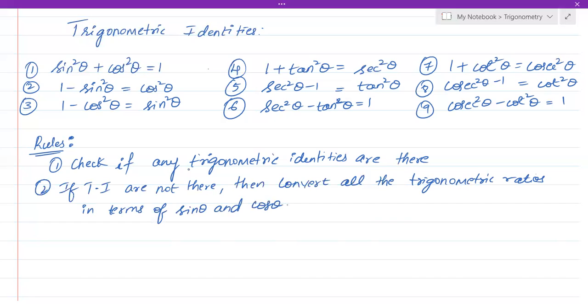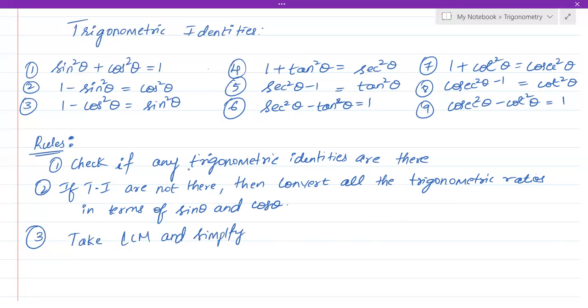So you have to check if there is any trigonometric identity. If the question doesn't contain any trigonometric identity, then you're going to convert all the trigonometric ratios, that is secant, cosecant, cot, tan, everything, into sine theta and cos theta. If you convert in terms of sine theta and cos theta, it will be very, very easy. The next step is, after you convert it into sine theta and cos theta, definitely, 100%, you must take LCM and simplify.